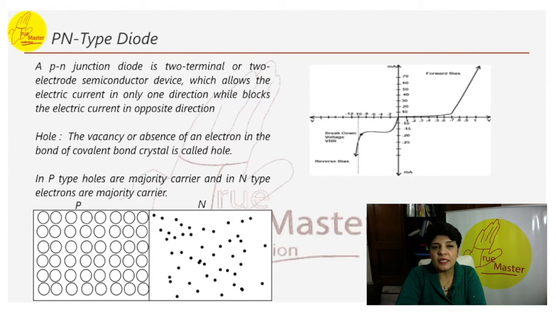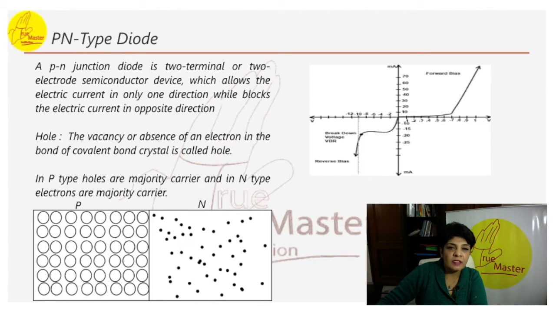This allows the electric current in only one direction while blocking the electric current in the opposite or reverse direction, which we are going to see in depth, how the electrons and holes are going to move here. We also know in p-type, holes are majority carriers.